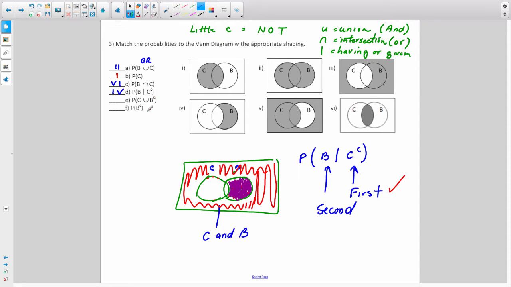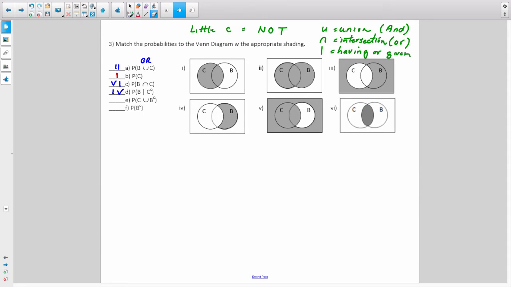Letter E. This time we're going to union everything that's not in B and everything that's in C. So let's start with a fresh slate. Let's get rid of all this stuff. Okay, from scratch. I'll draw a new one.